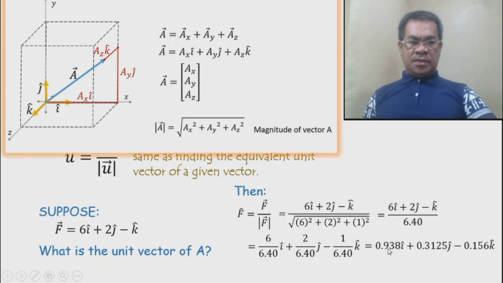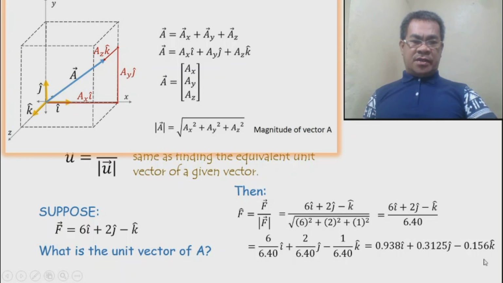Let's calculate. We have 0.938 i hat for the x component, then the j component, the y component, and the z component. So you have to use the sign. Therefore, this is the unit vector of vector F.